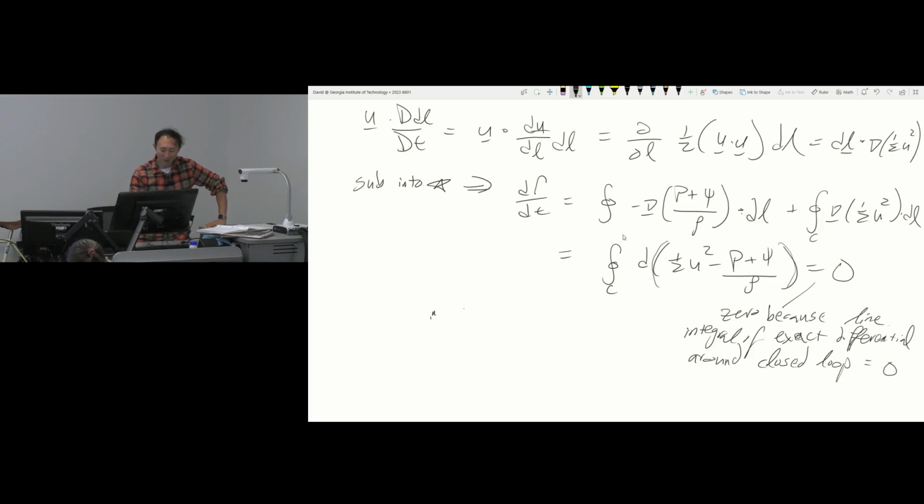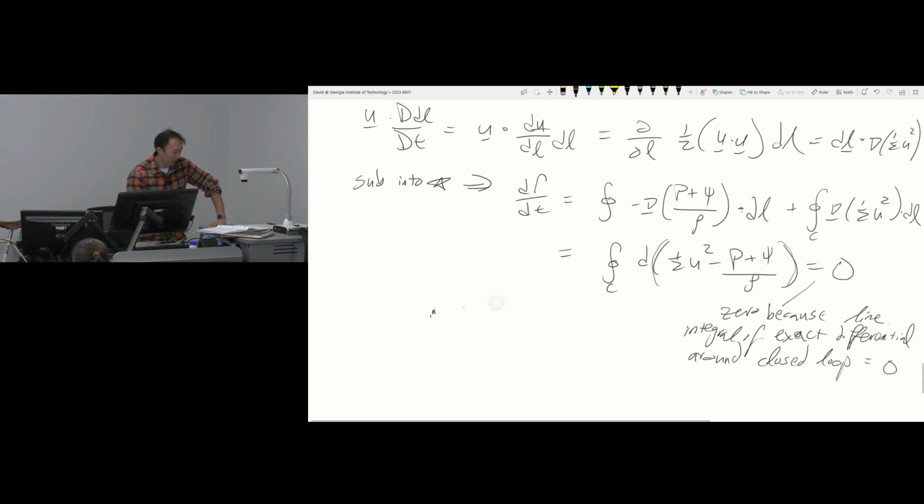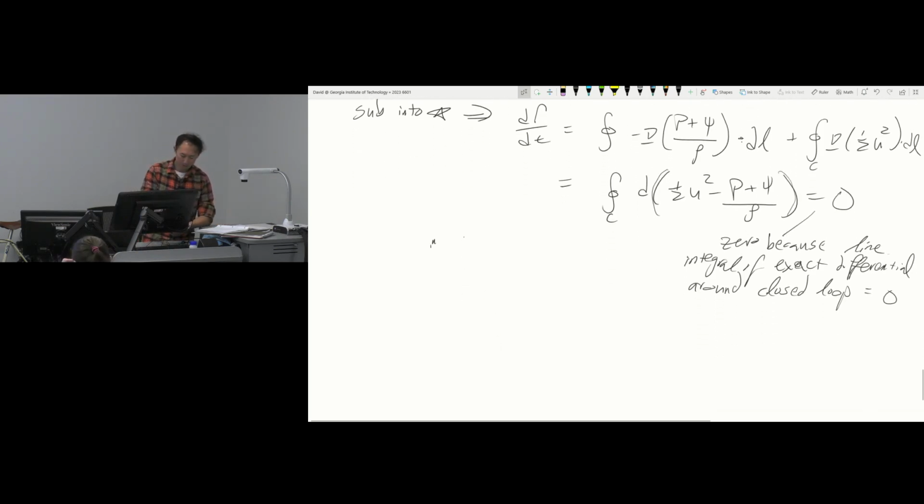So if you have a closed loop, anything that looks like this is 0, because it goes and meets itself. All right, so we showed that if you're inviscid, the circulation doesn't change.